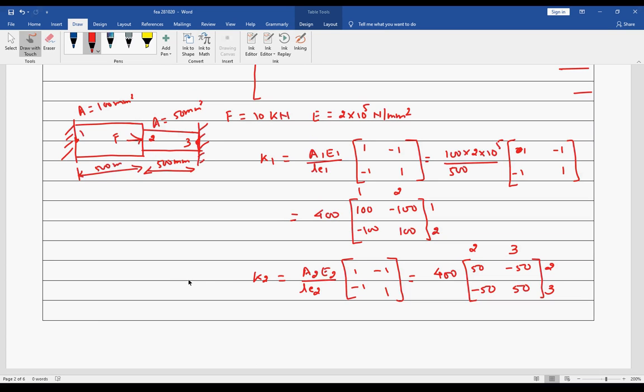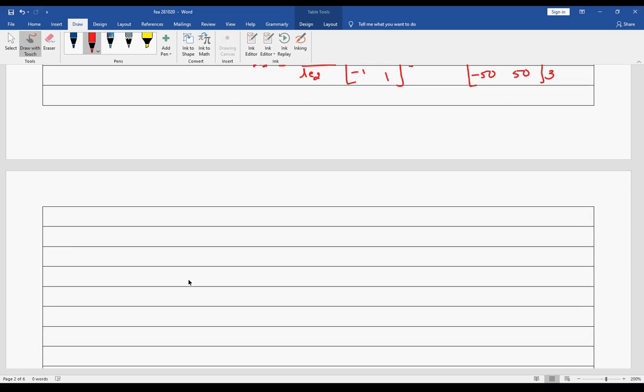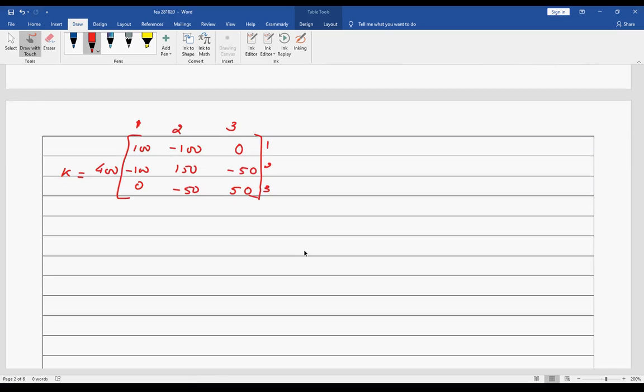Okay, fine. So I'm going to scroll down. So my global stiffness matrix K will be 400 times 100 minus 100 minus 100 150 minus 50 minus 50 50 0 0, with 1 2 3 as row and column labels.